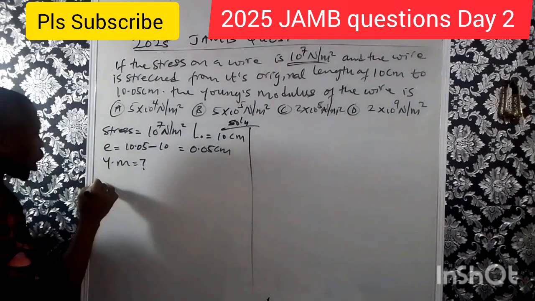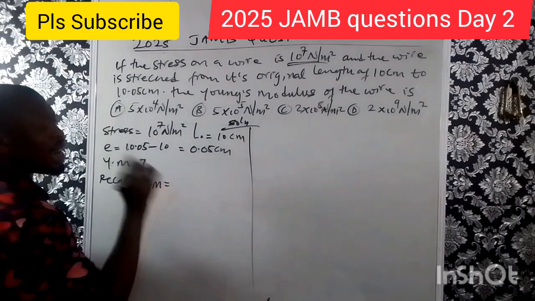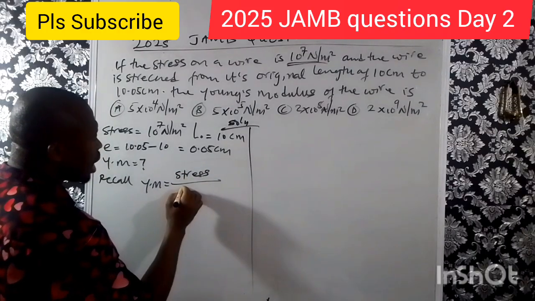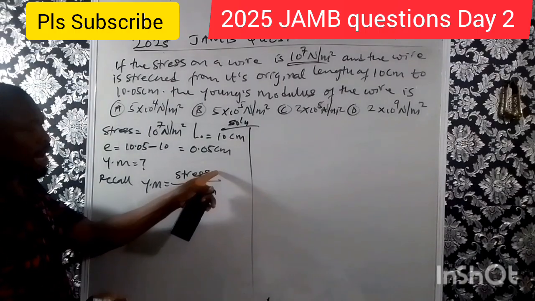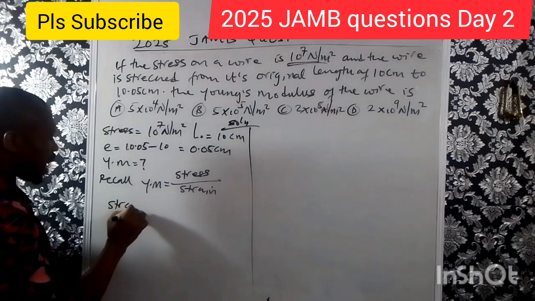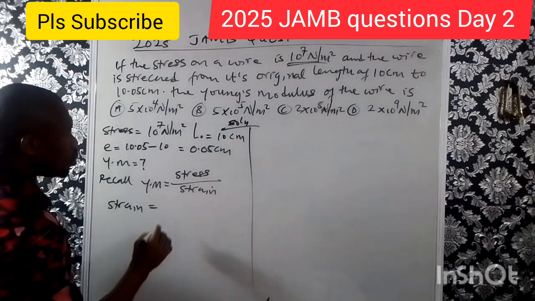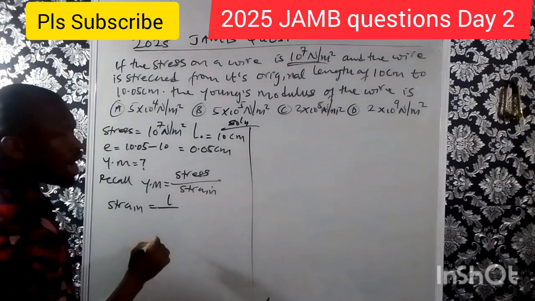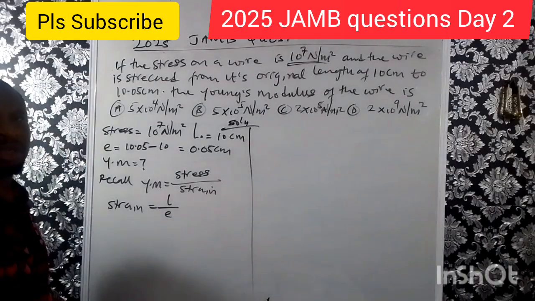Recall that Young's modulus is tensile stress all over tensile strain. Stress was given. Now, how do we get this tensile strain?